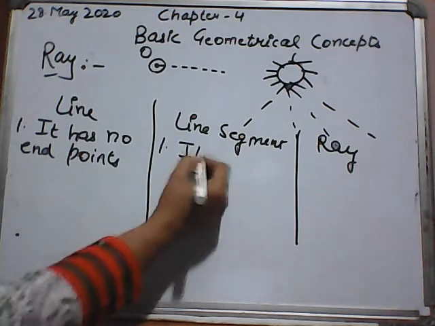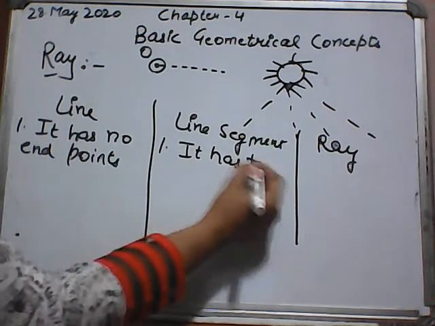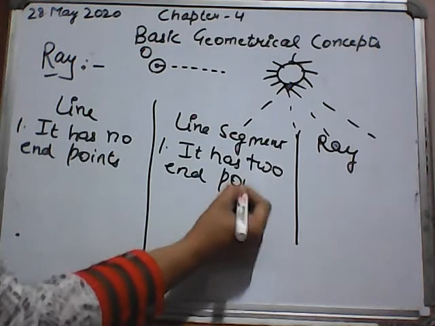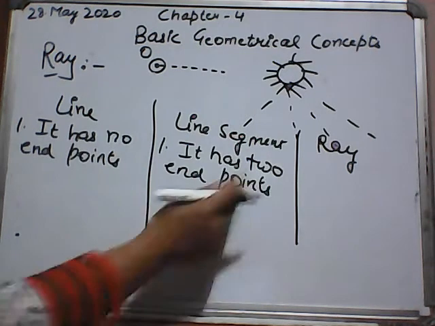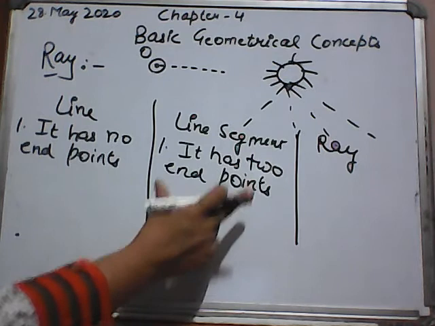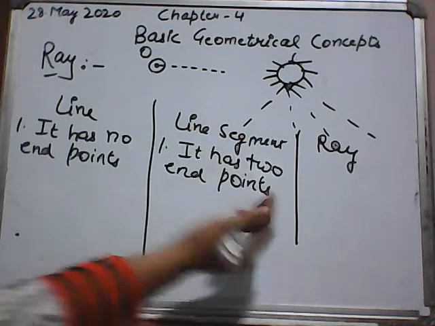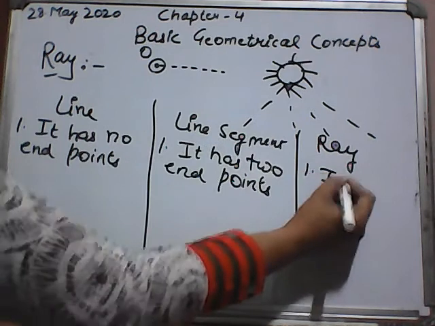A line segment has two endpoints. It means it has fixed length. The shortest distance between 2 points can be found with the help of a line segment. A ray has only one endpoint.